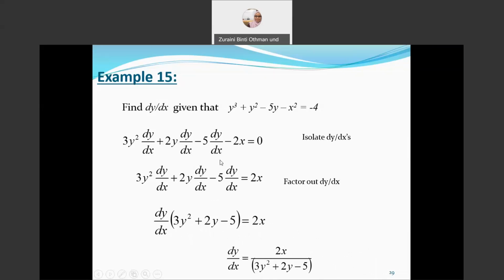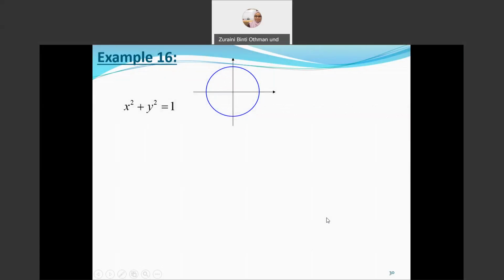Okay, so we know that in implicit differentiation, dia punya bentuk ialah kita ada macam ni, ada y dengan x dalam satu sebutan, and finally we get dy over dx, dan yang lainnya semua pindahkan ke sebelah kanan. Okay, so this is the example of implicit differentiation.